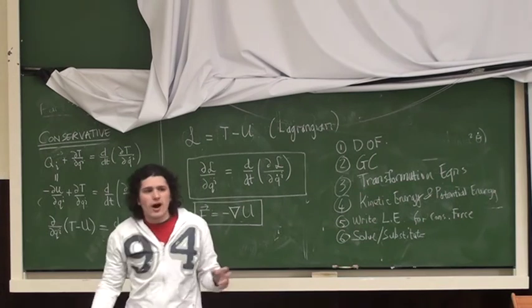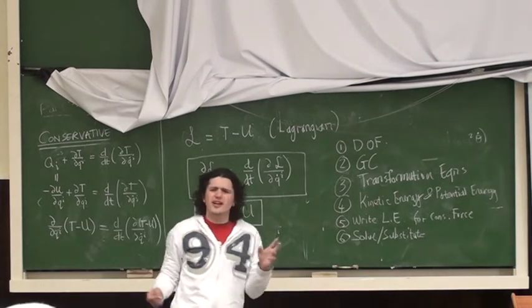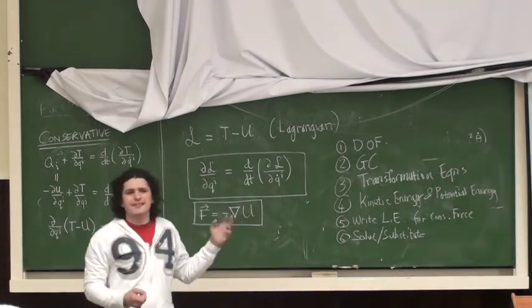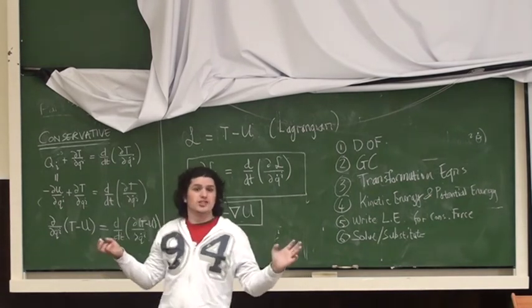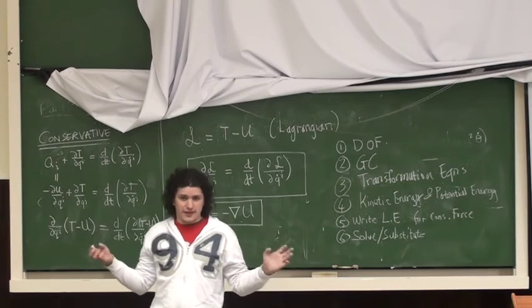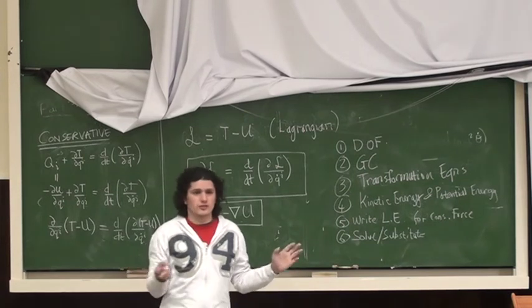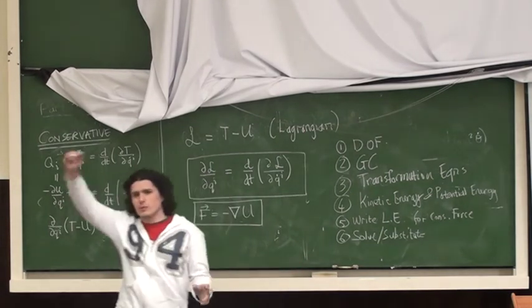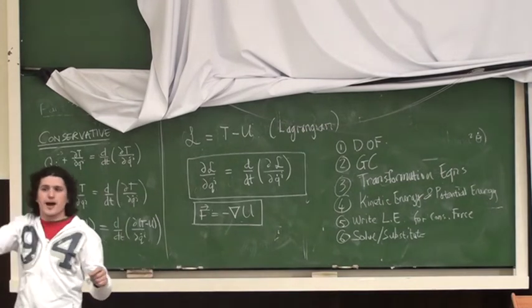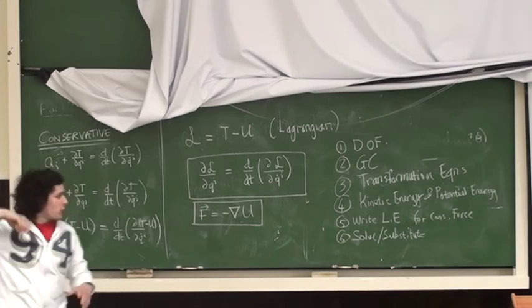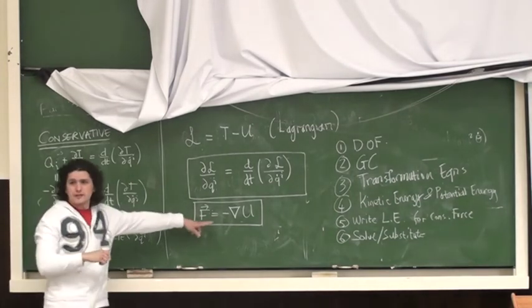So we call that a path-independent force. And in the very beginning of the course, we made that assumption when we were doing our derivation that energy is conserved. T plus U is conserved when we move it from one place to another, independent of how we move. That's equivalent to saying that a force is conservative.